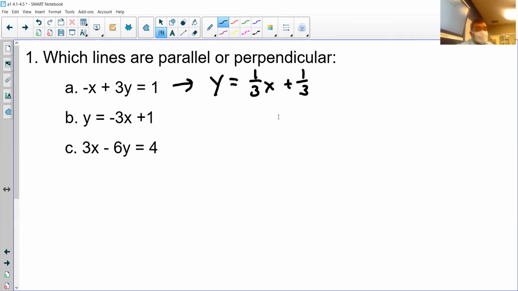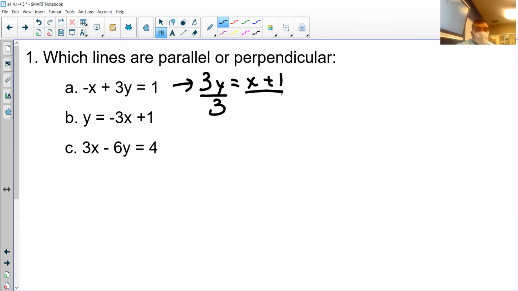Parallel. Guys, good question was asked: how did I get 1/3 twice? I add x on both sides. So let me erase this first. So I add x on both sides, so we get 3y equals x plus 1. I just put the x in front; it doesn't matter if you put it in the back. Then I'm going to divide by 3.